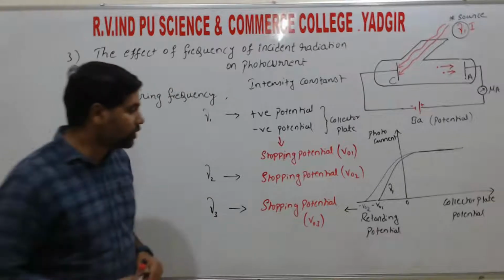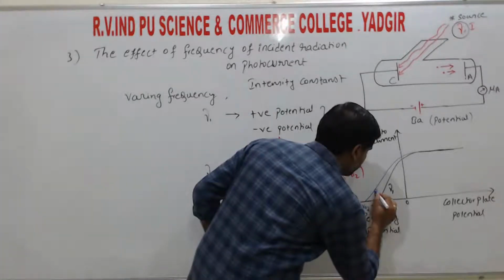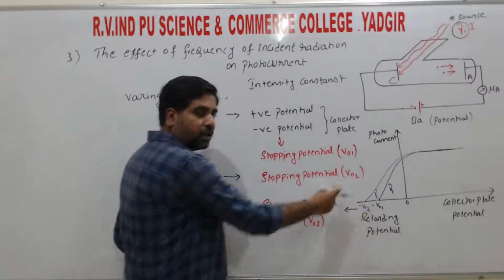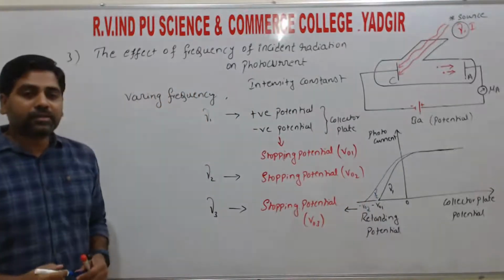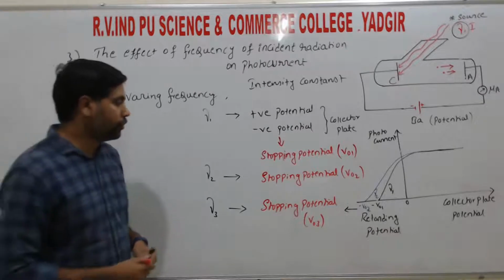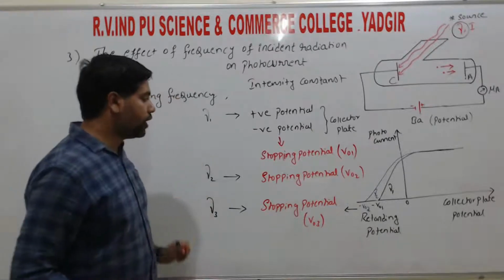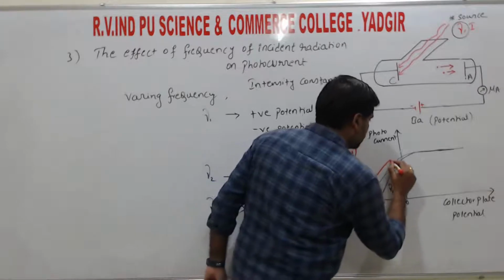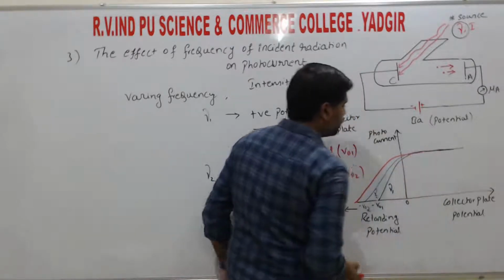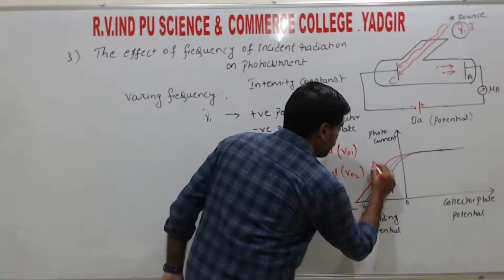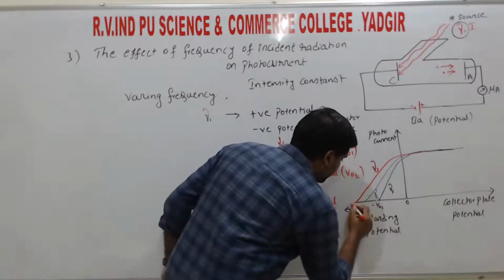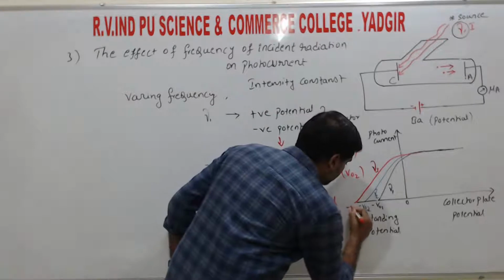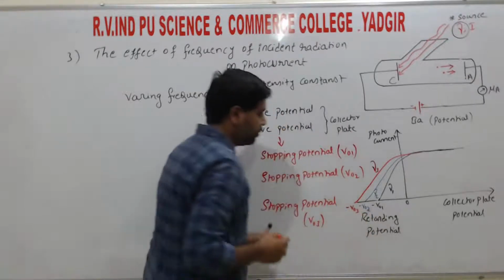This blue curve represents the second frequency, nu2. For the frequency nu3 we get a curve like this, and here the potential is minus V03.